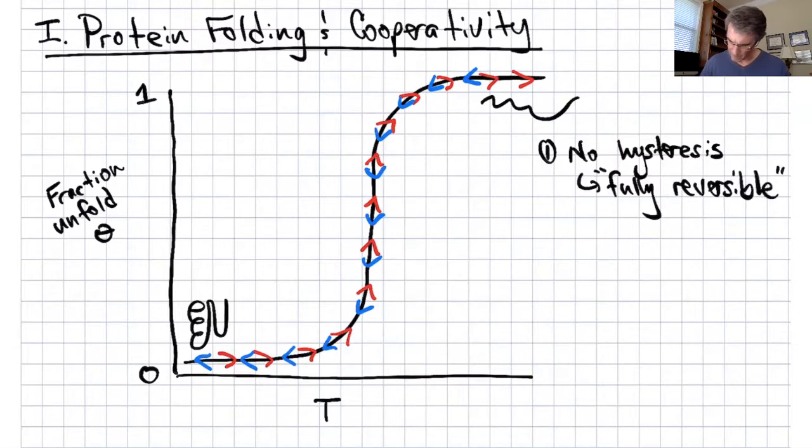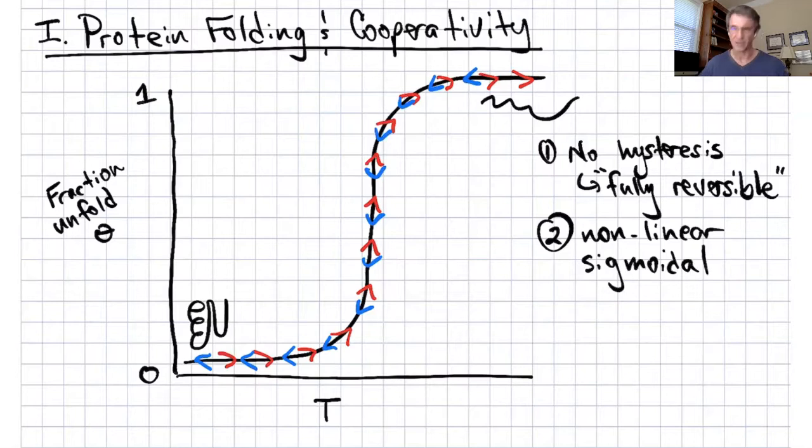Another remarkable thing is the nonlinearity of that curve, how nonlinear that curve is, that sharp sigmoidal transition is characteristic of these thermal unfolding or thermal melting curves of well-folded globular proteins.